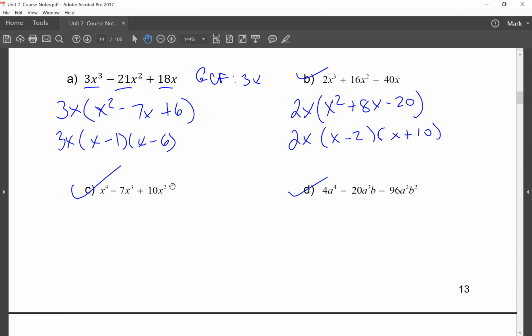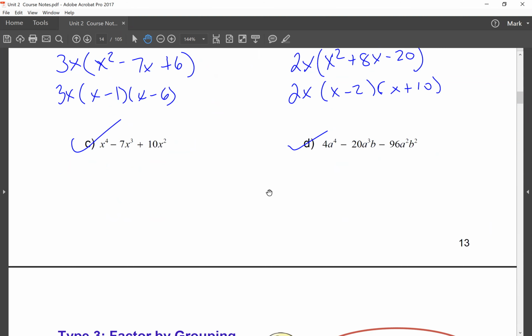All right, cool. So for C, I could remove an x squared. Then I would be left with x squared minus 7x plus 10.